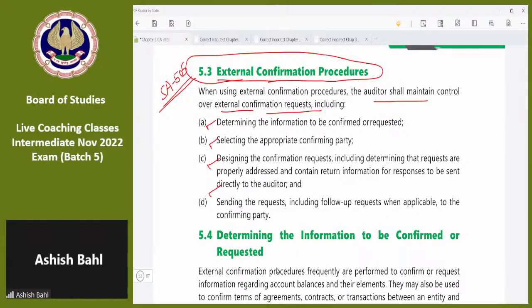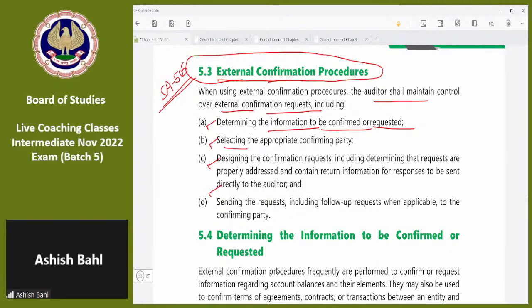He would only respond when the sought-for information is crystal clear. So the first thing is determining the information requested.